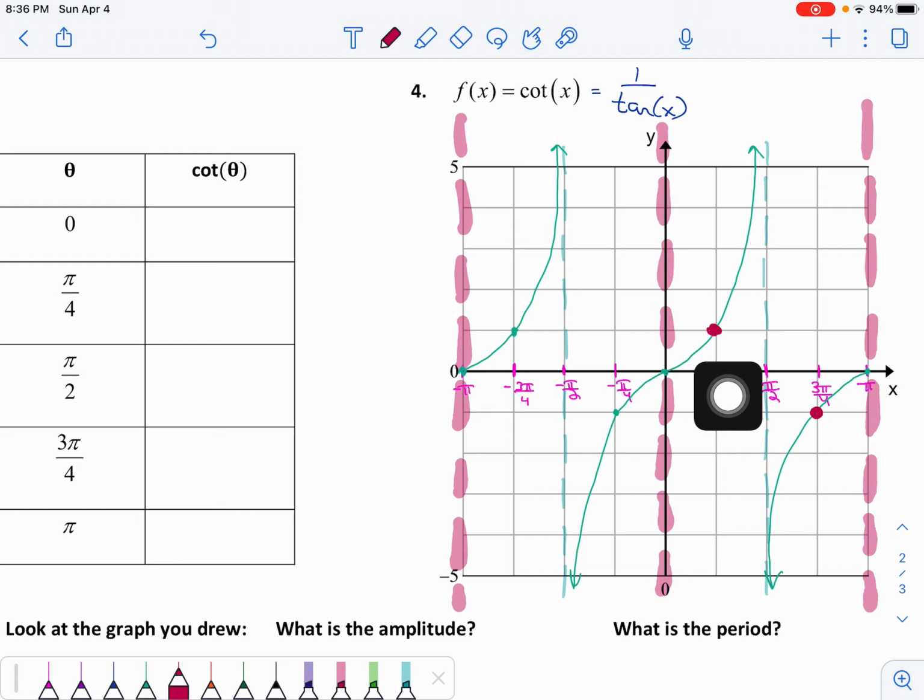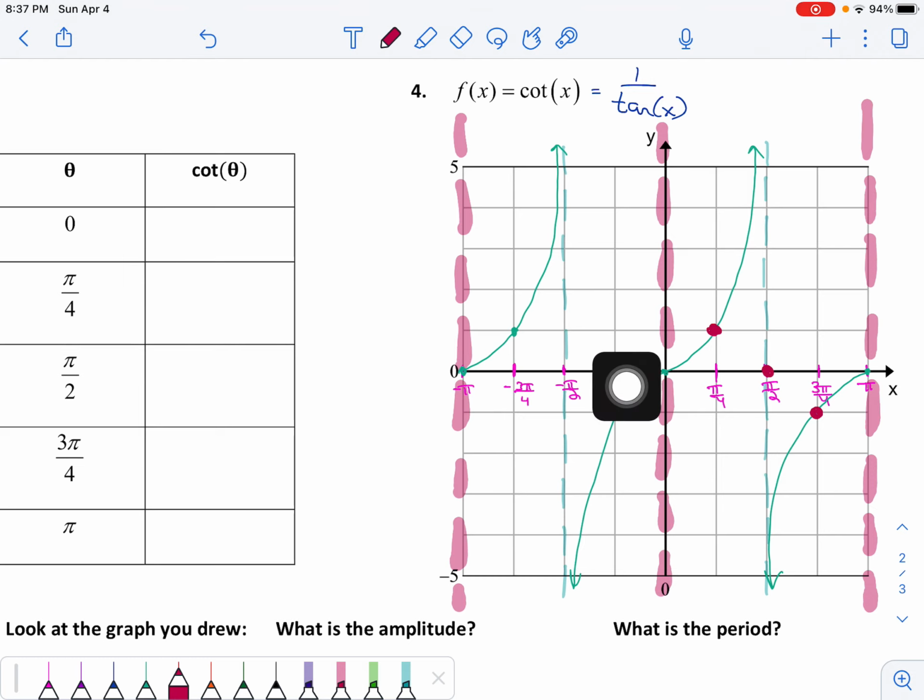Now, what does it mean for tangent to be undefined? Well, when we set up the division, it meant that the denominator was 0, and the numerator could really be anything, but generally that numerator is 1, so it was either 1 or negative 1, and the denominator was 0. So if I flip that over, I would create the fraction 0 divided by 1. Well, 0 divided by 1 is 0.